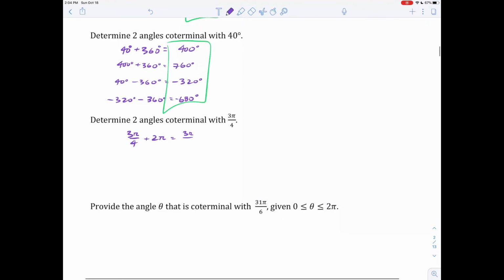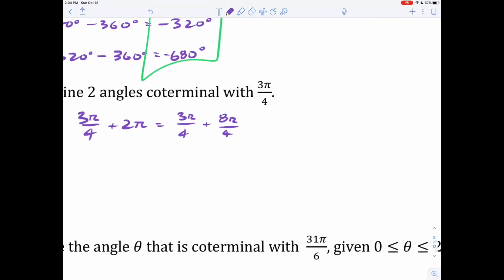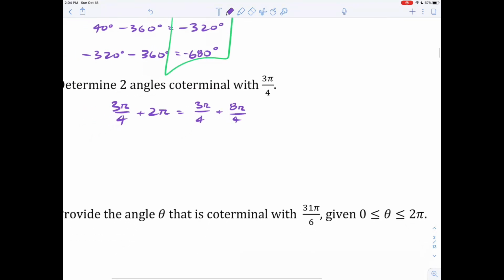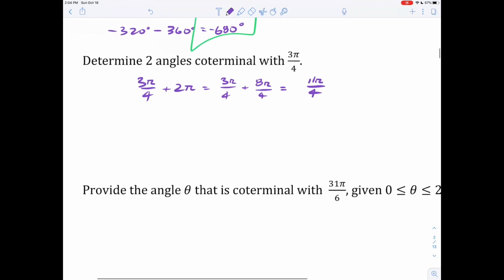You do not need to show that you're making this have a common denominator, but you can do it for your own sake if you want. So 2 pi is the same as 8 pi over 4. Adding all that, we have 11 pi over 4. So 3 pi over 4 is coterminal with 11 pi over 4. If I want, I could add another 2 pi.